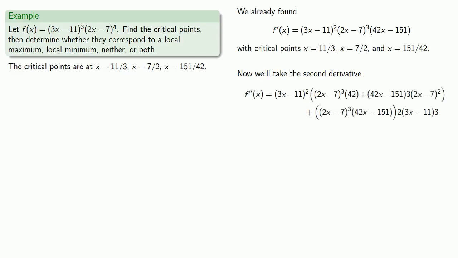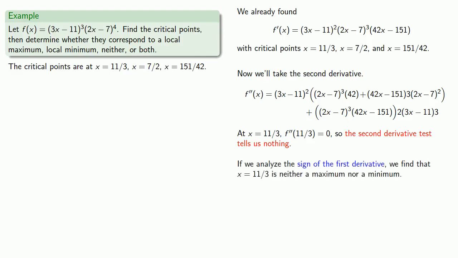But we think that it might actually be useful, so let's evaluate this at our three critical points. At x equals 11/3, our second derivative is 0. So the second derivative test tells us absolutely nothing. Which means we have to go to our first derivative test, which tells us that x equals 11/3 is neither a maximum nor a minimum.